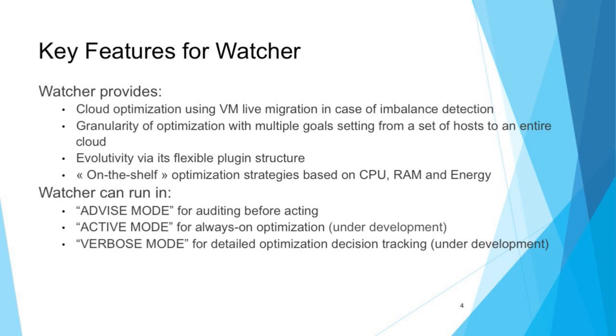As you get more and more used to Watcher, you can imagine you are going to see a lot of the same actions being offered to you, like move this VM with this workload over to a different node. In some cases you can choose to just use active mode, which means it happens automatically.